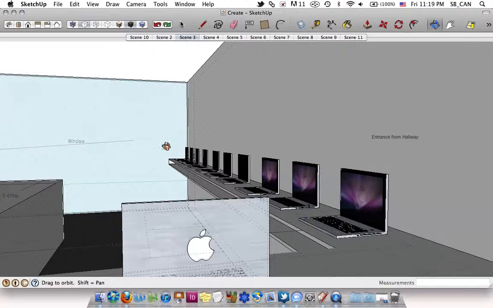And so here you can see that there's like a row of laptops, and these represent the number of students that can stand there working. My design has no chairs at all. There's 0 chairs in this design.